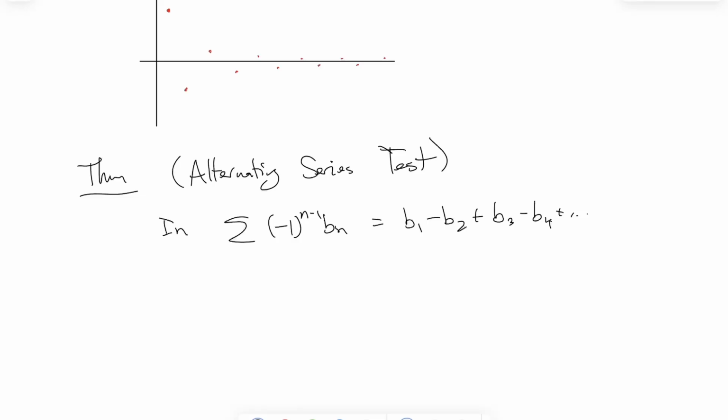Here I'm assuming the first one is positive and the second one is negative. The exact same thing is true if you have the signs flip-flopped the other way, as long as they always alternate back and forth.